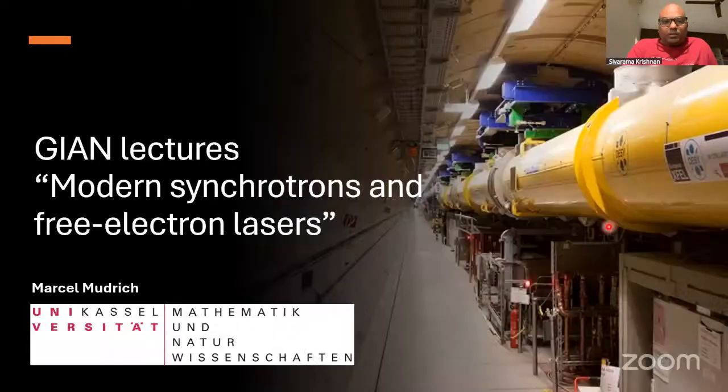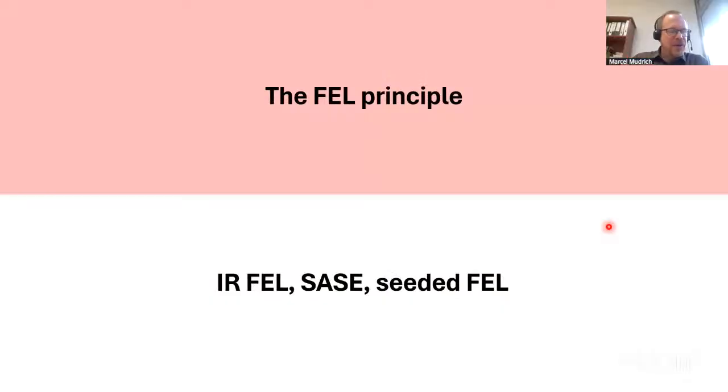Good. Then, yeah, today, just to recap, until now we have been talking about synchrotrons, mostly. In the very first lecture, we had a brief recap on laser physics and also other X-ray radiation sources, but then it was mainly on synchrotrons, which are basically the basis of X-ray free electron lasers, as we will see today.